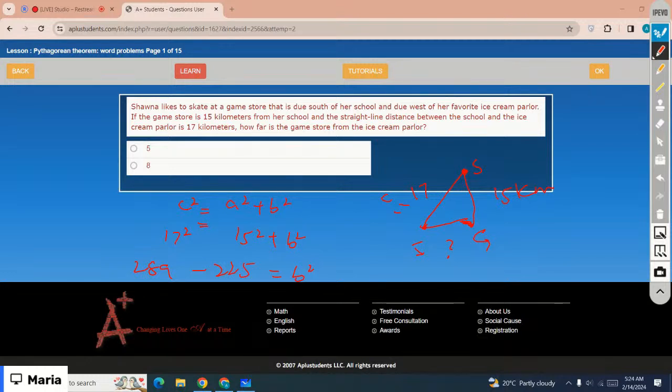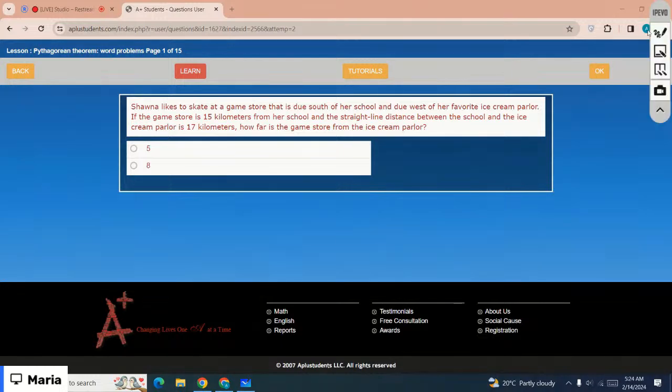So 289 minus 225 is 64, right? And you have to calculate the square root of 64, which is 8, so b equals 8. So the correct option is 8. 8 is the distance between the game store and the ice cream parlor, right? The correct option is 8. Got it, everyone? Is there any question?